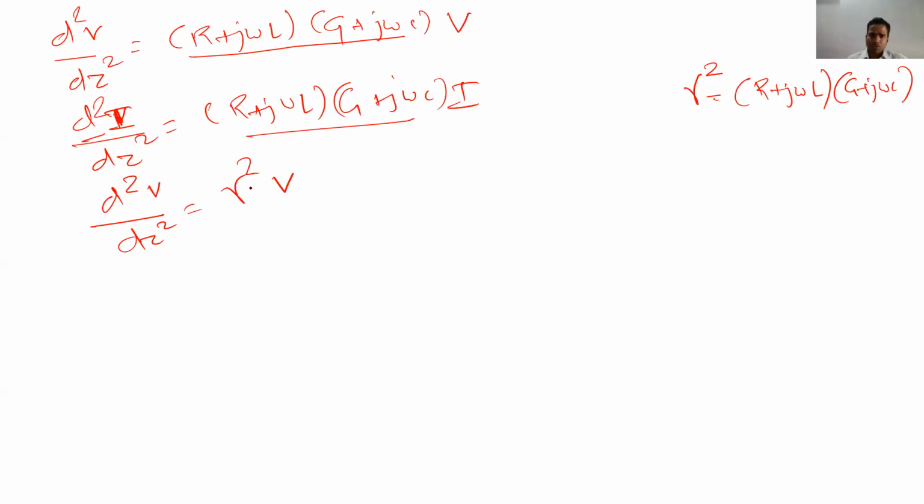Similarly, we will get d square I upon dz square as gamma square I.